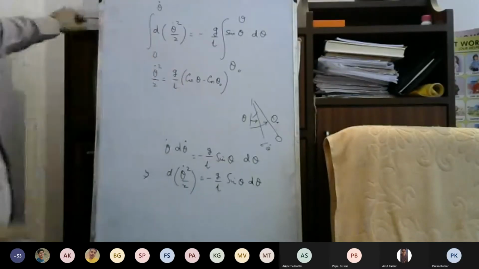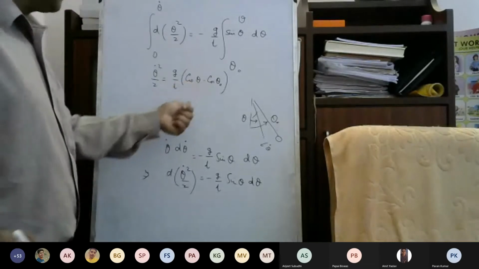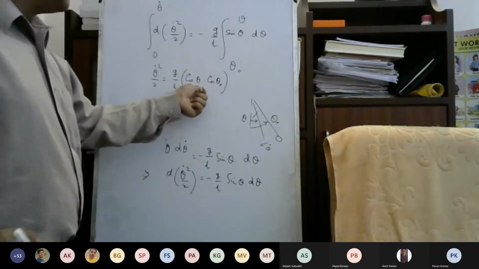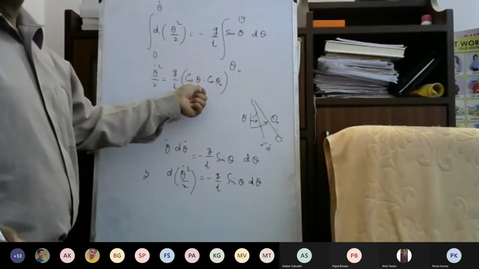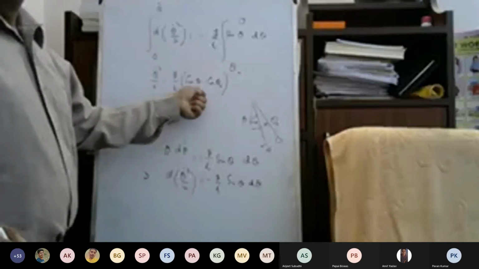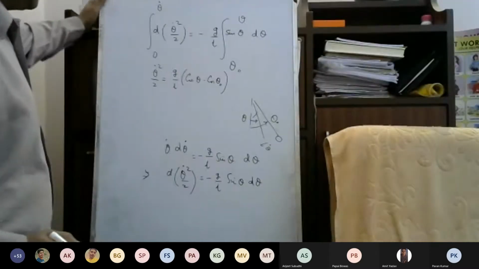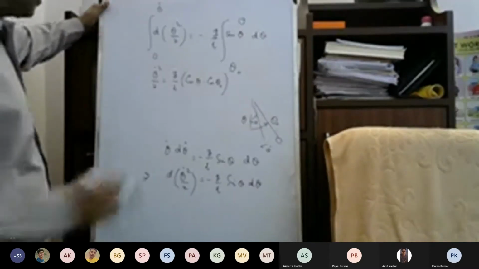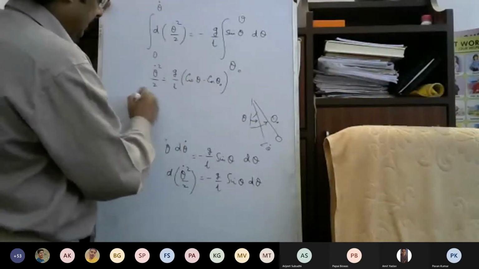Okay, so this is what we have. Now you see one thing: because of the nature of this function cosine, the velocity will increase as theta becomes smaller and smaller, right?